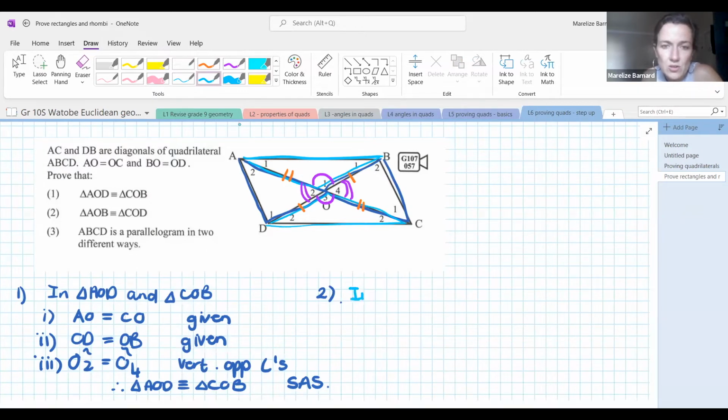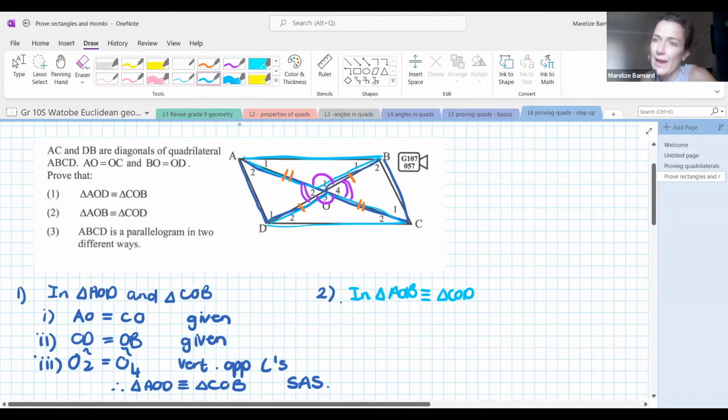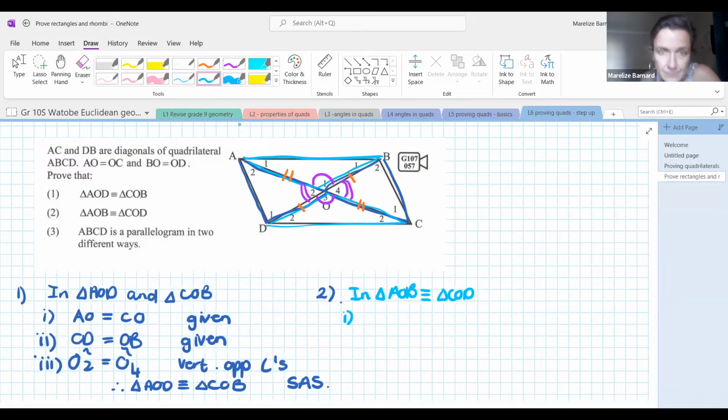So we go in triangle AOB, and I hope where you are at home, you are doing all of this so nicely with your layout. I can't see and I can't check, but this is what your layout must look like, okay? If I was there, I'd be checking that layout, because you guys always ask, is it worth any marks?